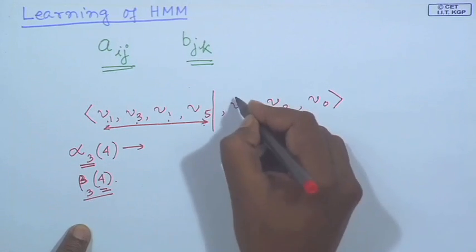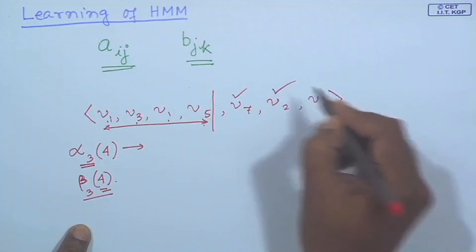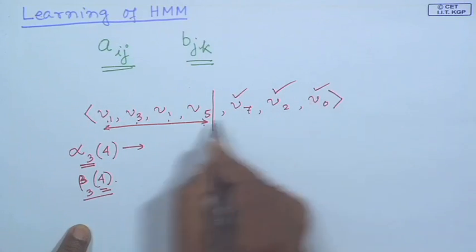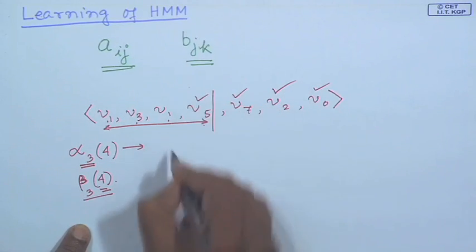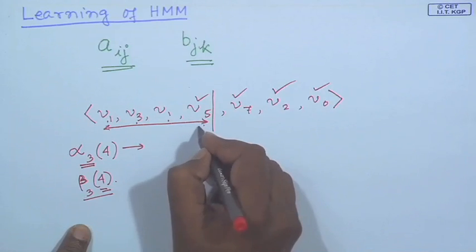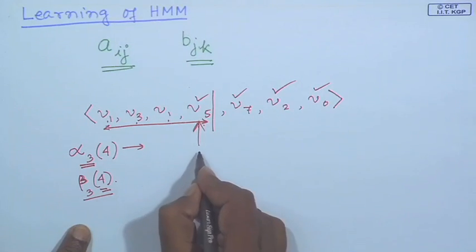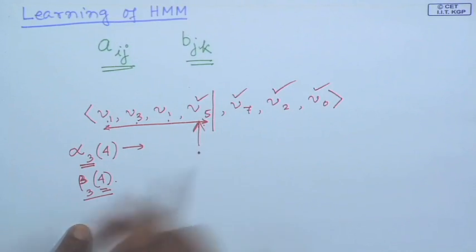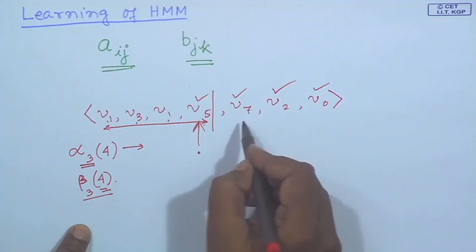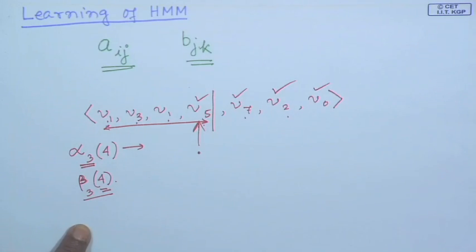That means, it will generate V7, it will generate V2, it will generate V1 and of course, as I said 4, so V5. So, what is the probability that at this time the machine will be in state omega 3 and it will generate V7, V2, V1.